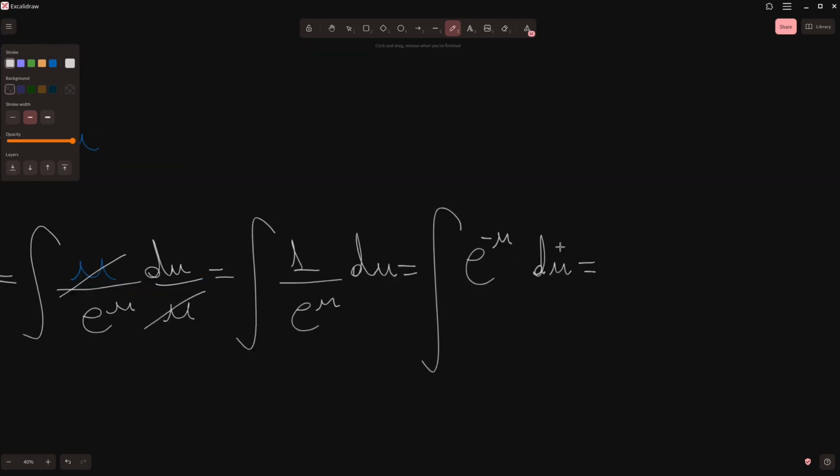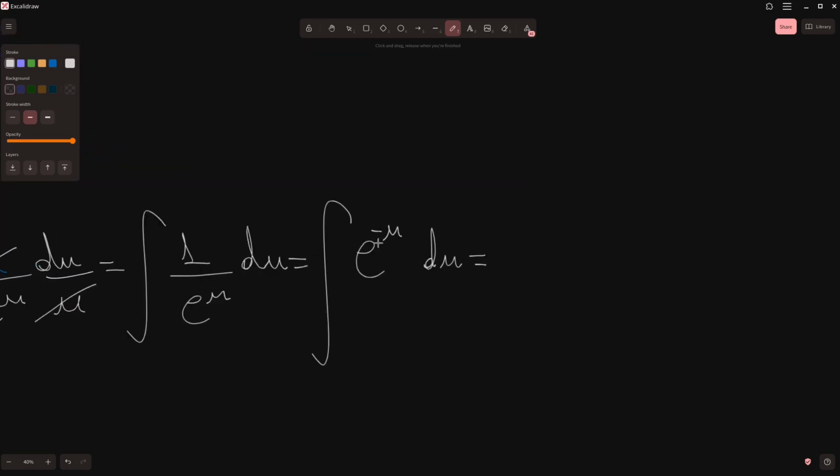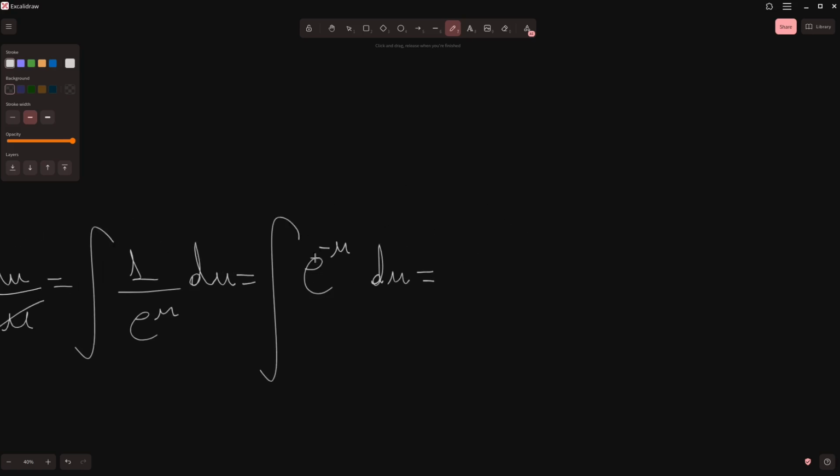and we can apply the limit here. So I mean, we can apply the integral rule. And we can use substitution again here.